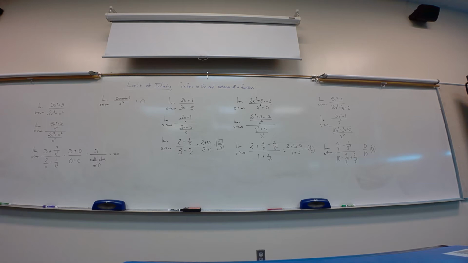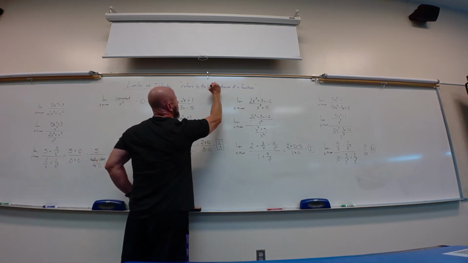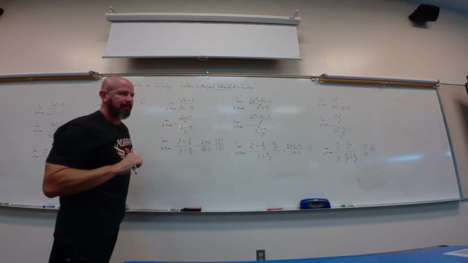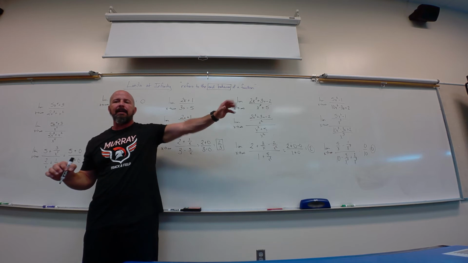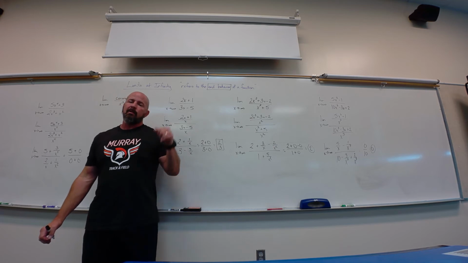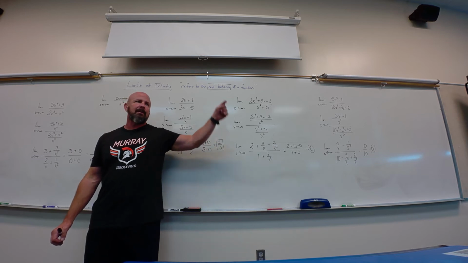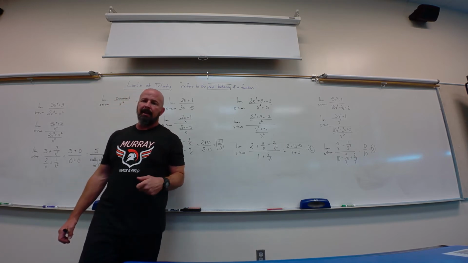Now, let's look at some things that are going to help us. When we're talking about the end behavior of a function, that means what's happening at the extreme left or extreme right. So if you're going to draw a graph out to the right or out to the left, it either goes up to infinity, goes down to negative infinity, it oscillates like a sine function, it's not going up or down, it just keeps bouncing back and forth, or it goes out along a horizontal asymptote.